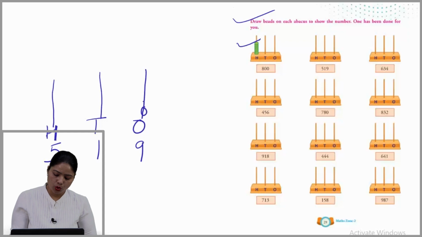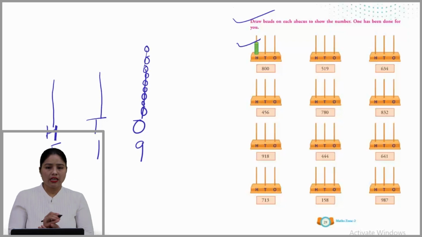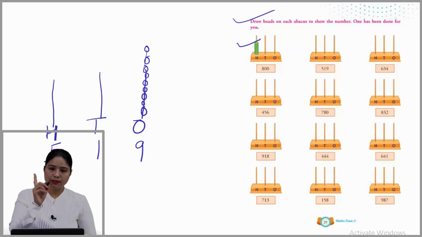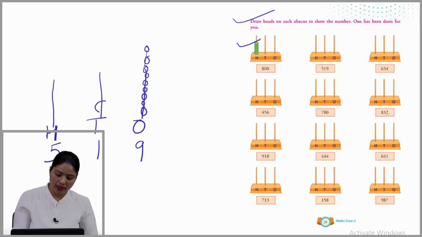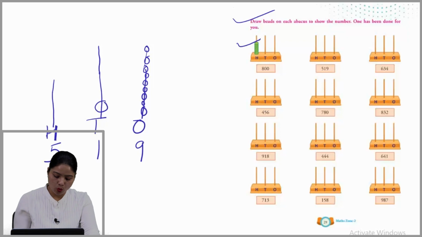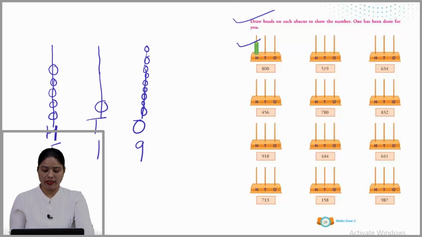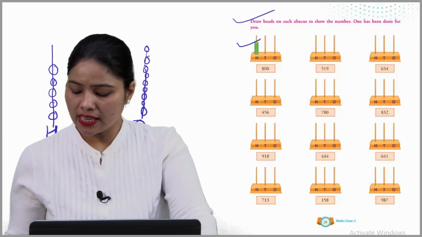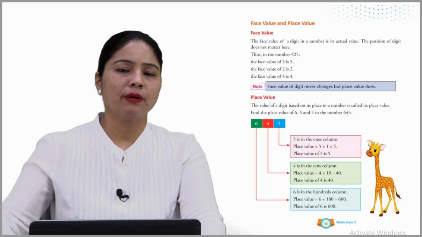Like 1, 2, 3, 4, 5, 6, 7, 8 and 9. Okay, now 10's place, 10's की place में 1 bead है, so draw 1 like this. Okay, आप इसको बराबर कर सकते हो. 100 की place में how many beads? 5. So 1, 2, 3, 4 and 5. So this is how we draw the beads over here for 519. Okay, so these are the other examples of that one, you have to fill them by your own.